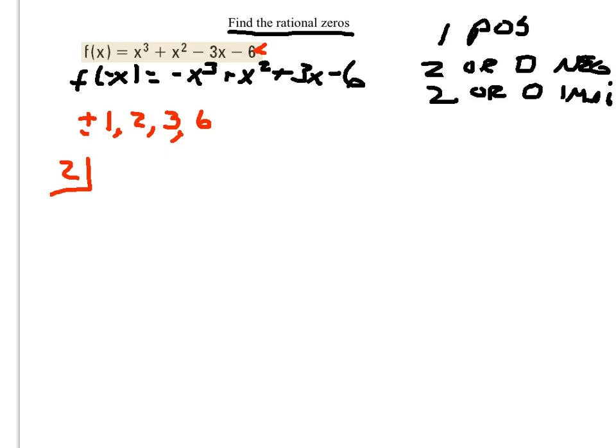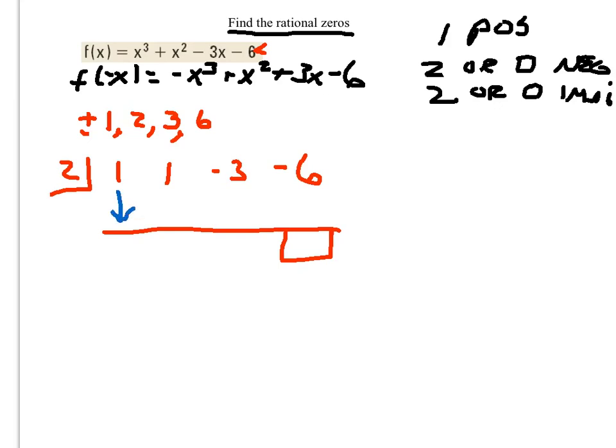And here we're going to go through our synthetic division to see if it works. So we bring in our coefficients. And if this is an actual solution, we should get 0 right in that box right there. So now, going through the motions, we bring down our first, multiply, add.